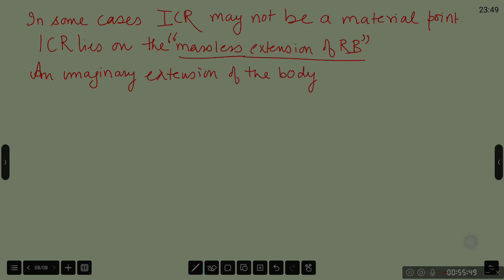Clearly, since it is outside the body, there is no mass of the body, but we are saying it is an imaginary extension of the body, such that wherever the body goes, that massless extension goes with it. The massless extension goes with the body.